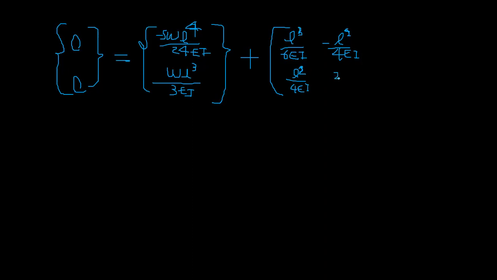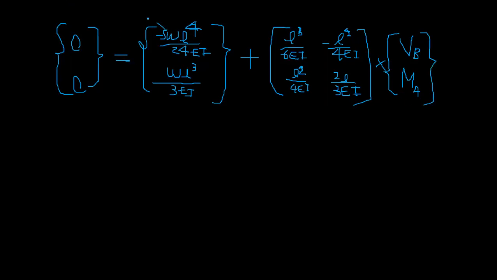So this is 2L over 3EI, into force. So what is the force? dB and MA. Right, so we need to determine this. So we are taking this to the left hand side.